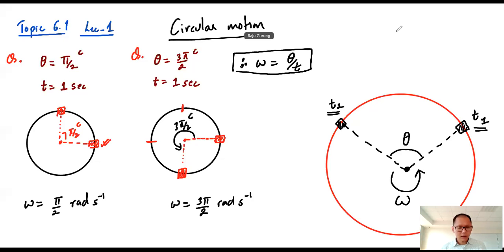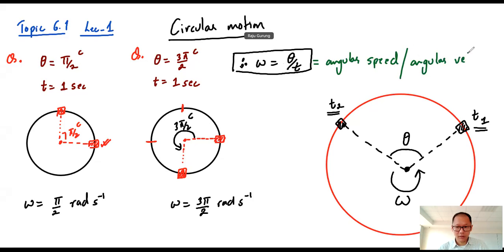Before we end this lecture for today, I would like to ask you a question which you could try to answer. Here I'm saying omega is the angular speed, right? Speed. But does angular velocity make sense?